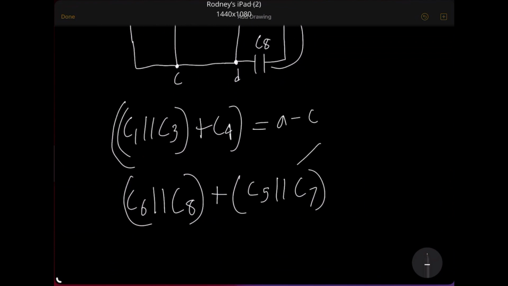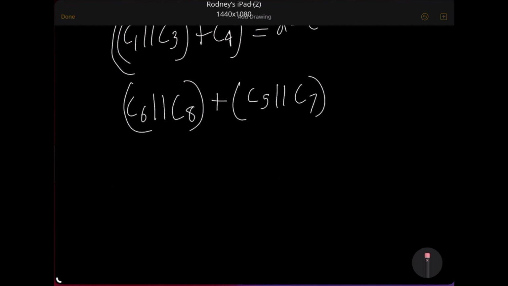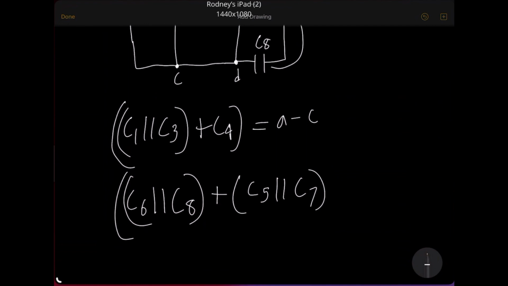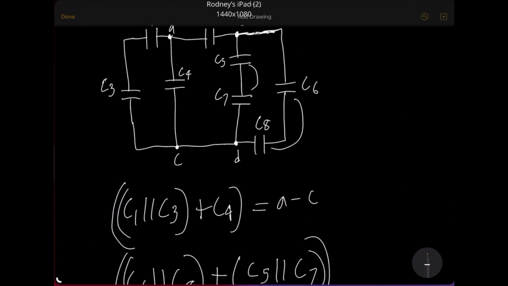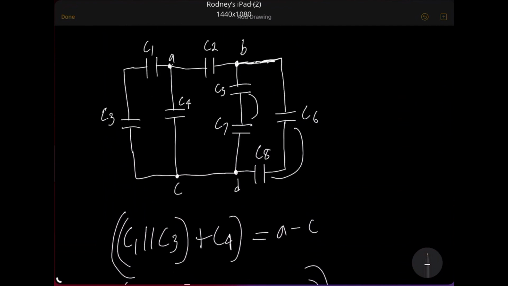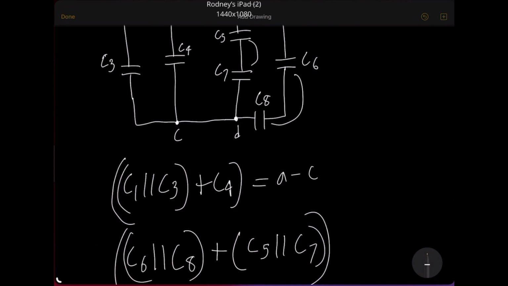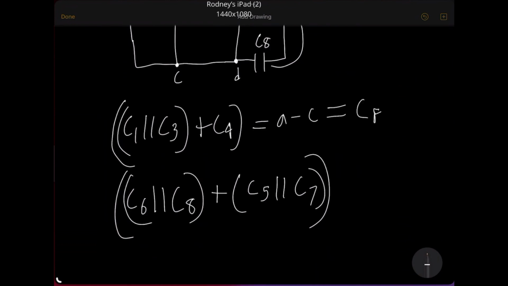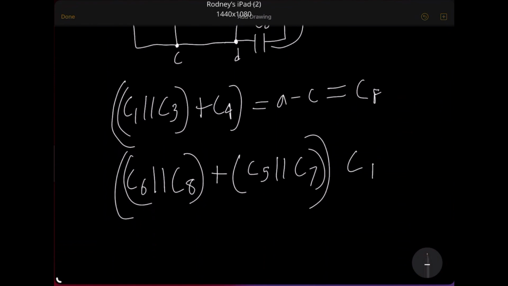So you'll be doing the same operations that you're doing up here. Then you're going to add those together. So we're going to call those new ones CF and CD. Those are going to be the final ones.